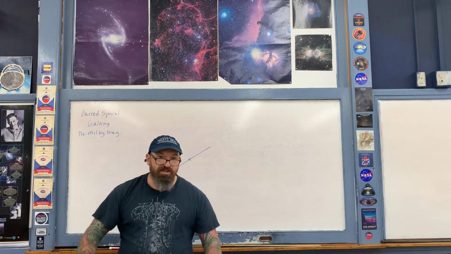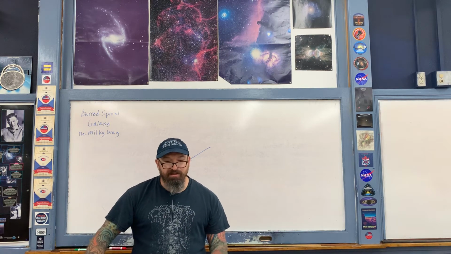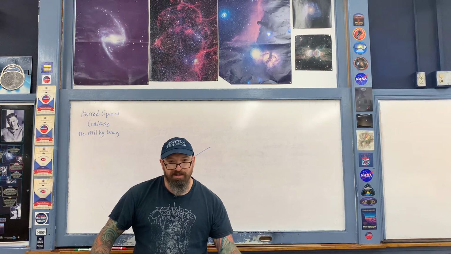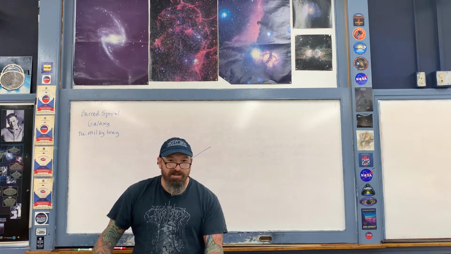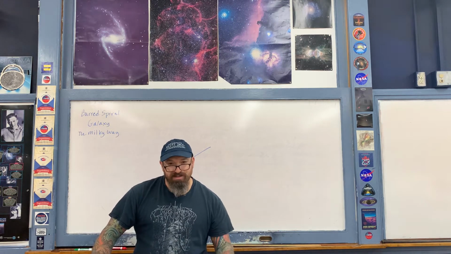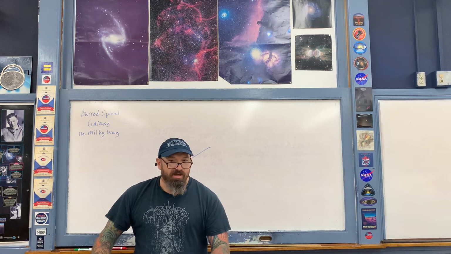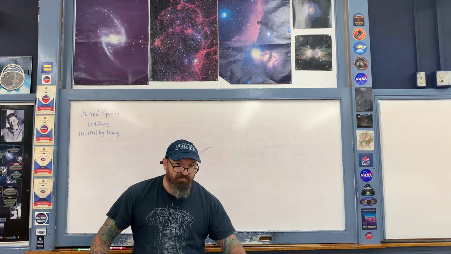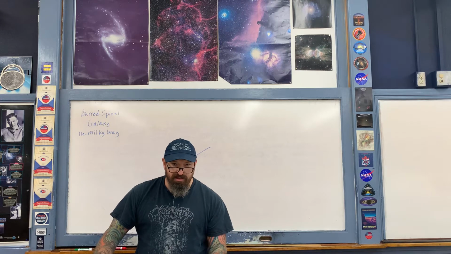Now, what is the material? The material is basically 3 things. It's stars, dust, and gas. Okay, now what is the dust and what is the gas? The dust and gas is basically the same thing. It's mostly hydrogen, some helium, and a scattering of basically everything else on the periodic table.